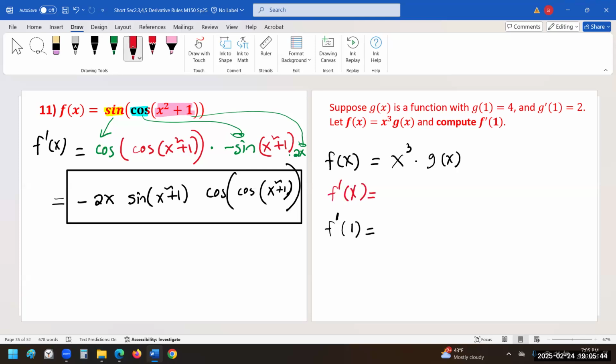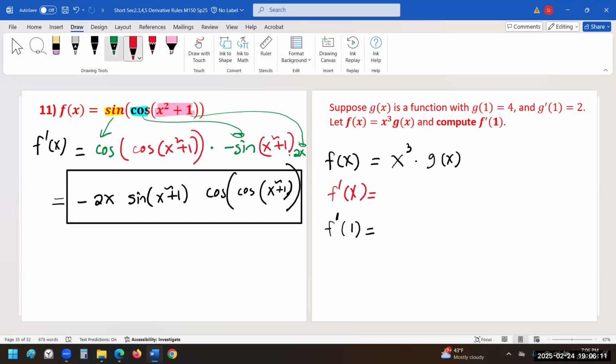What do you think? Anyone else beside Ellen? Any idea? It's product rule.